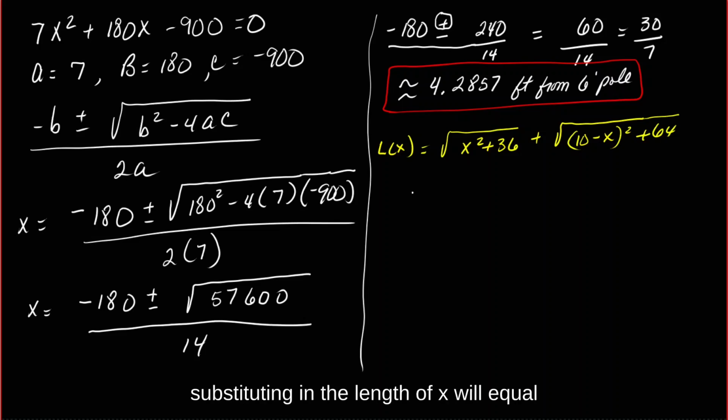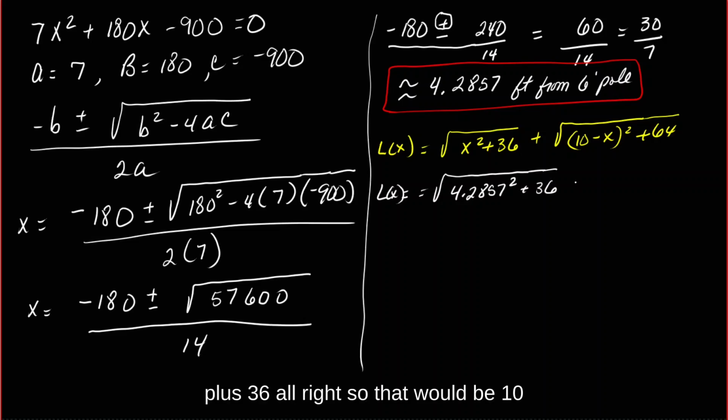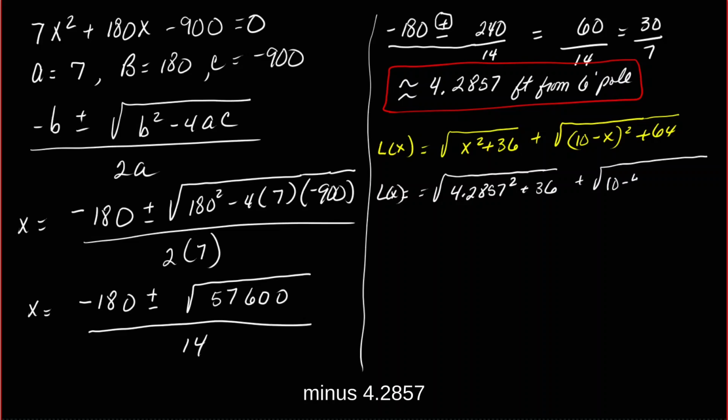Substituting in, the length will equal the square root of 4.2857 squared plus 36, plus the square root of 10 minus 4.2857 squared plus 64.